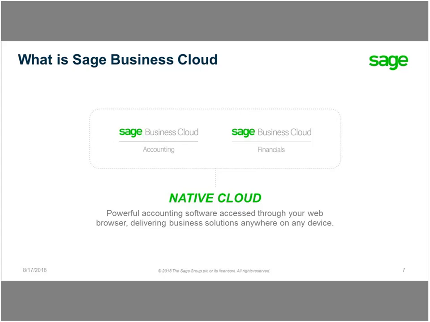It's a fully online solution because it's one of our native cloud options, and it's aimed at medium-sized business. So if Accounting doesn't give you the functionality that you need and you've outgrown that, then it might be a case that Sage Business Cloud Financials is the option that you would want to look at if you want a native cloud solution.